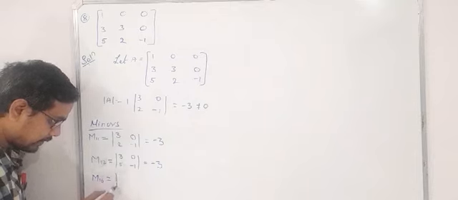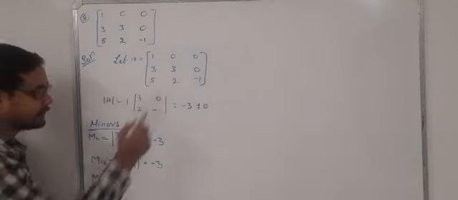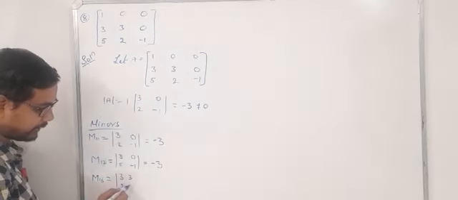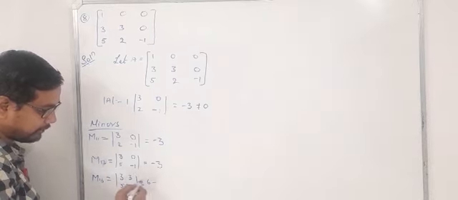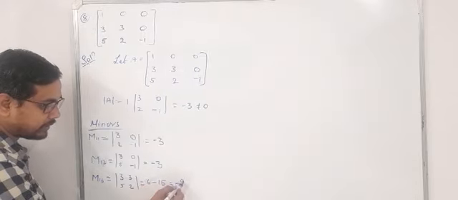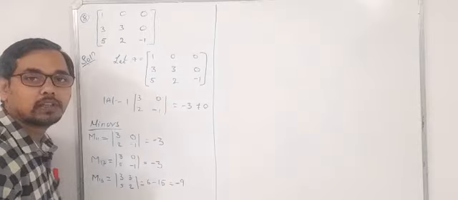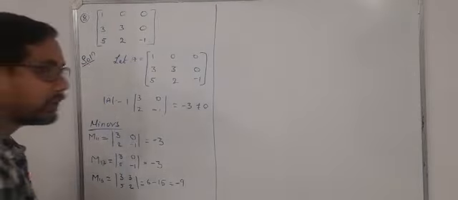M13 is the minor of A13, that will be 3 3, 5 2. So 3 into 2 is 6, 5 into 3 is 15. So what you get is minus 9. So these were the minors M11, M12 and M13.